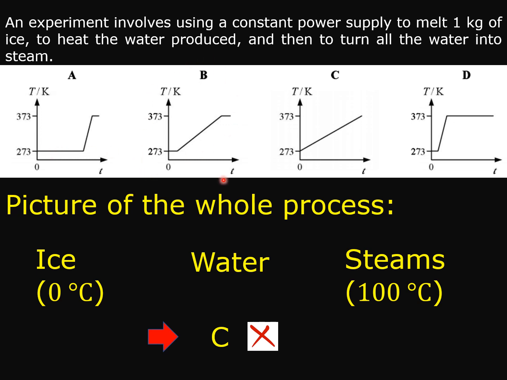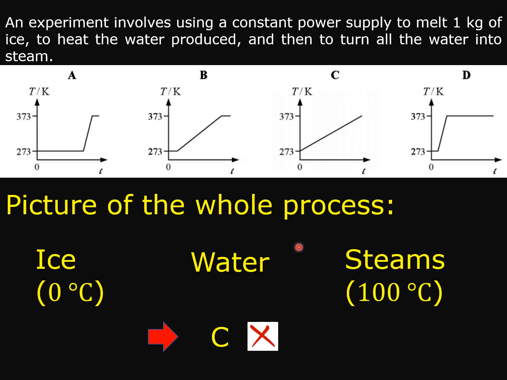Similarly, B also reflects 3 stages for the system: ice, water, and steam. D is also the same: ice, water, and steam, except for C. Now C has only one stage, which is the water, because the temperature changes from 0 degrees C to 100 degrees C, or 273 Kelvin to 373 Kelvin.